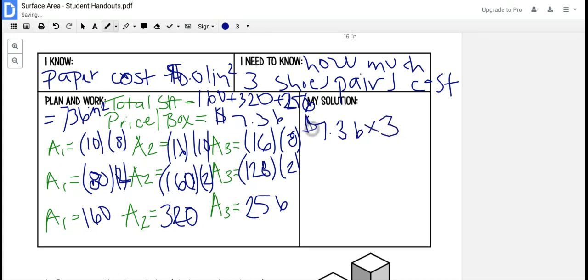And that gives us a total for the 3 boxes of $22.08. And I'll leave this here in case you guys need to copy stuff.